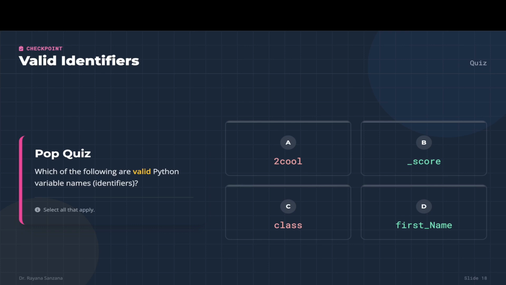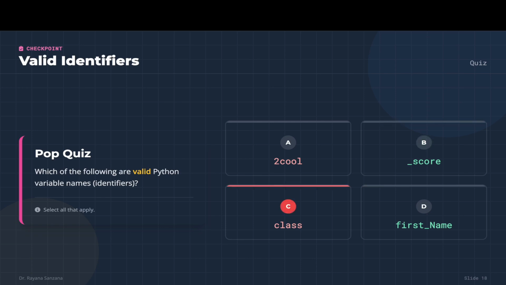Which of these are valid identifiers? A, 2cool: invalid. Identifiers cannot start with a digit. B, _score: valid, because underscores are allowed at the start. C, class: invalid.